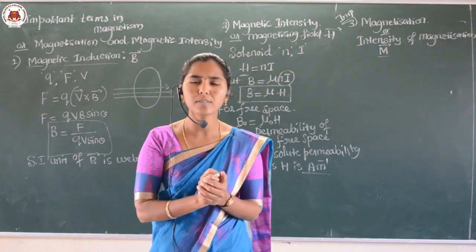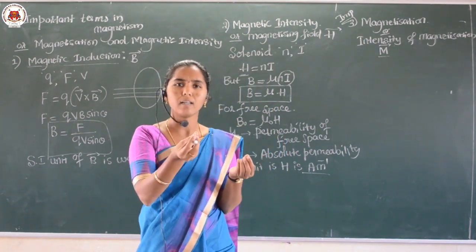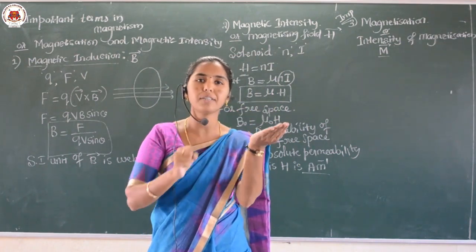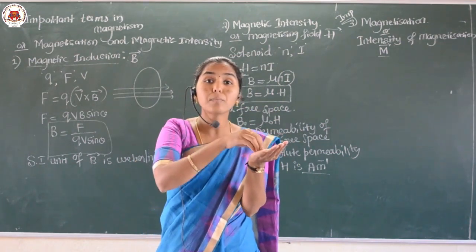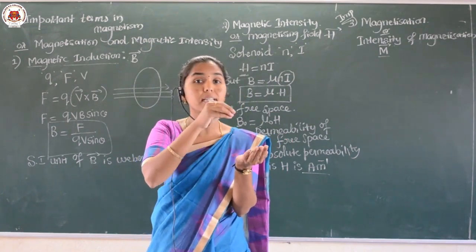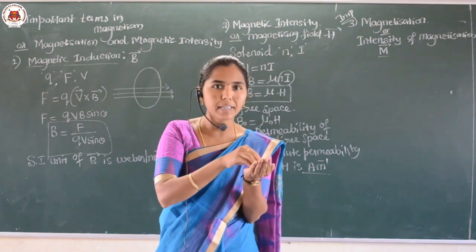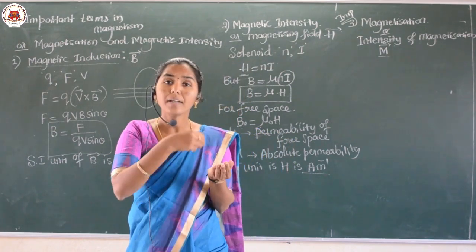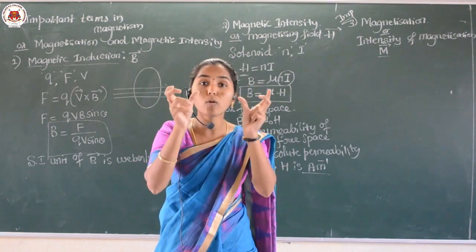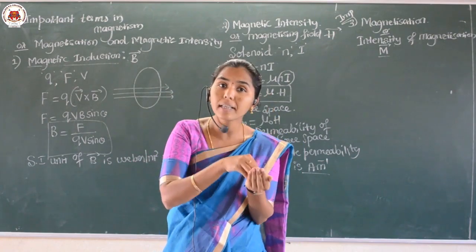See, dear students, when a magnetic material is placed in the magnetic field, it gets magnetized. That means the magnetic properties are introduced in the material. Am I right? And due to that, the magnetic poles are developed in the material.